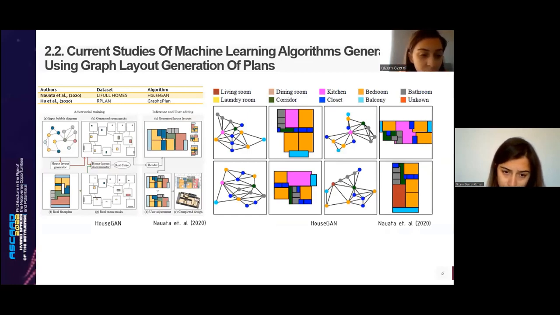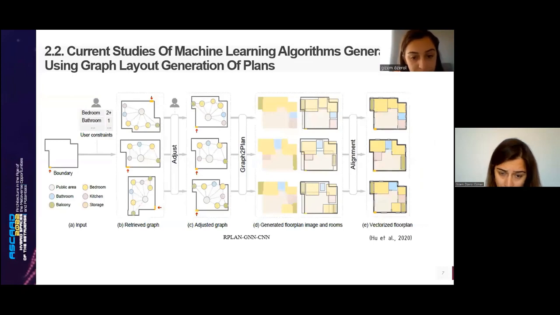At first they used the GNN algorithm and also the CNN algorithm together, and after that they generated the House-GAN plans according to the realistic values. So it has been determined that representation of layout generation provides benefits both to the networks and to realistic plan generation systems.